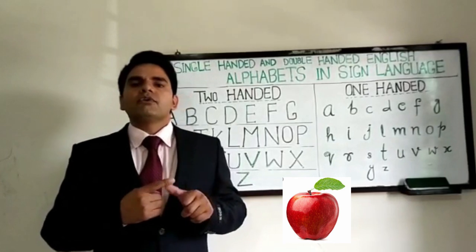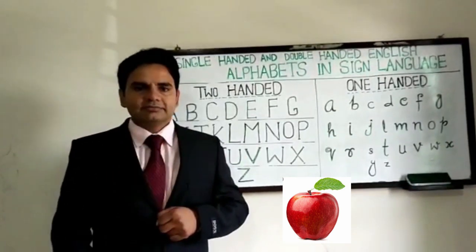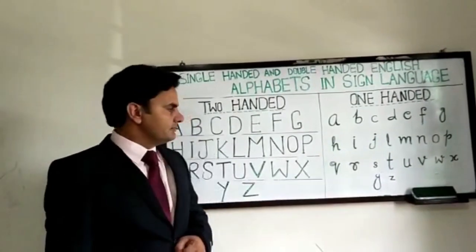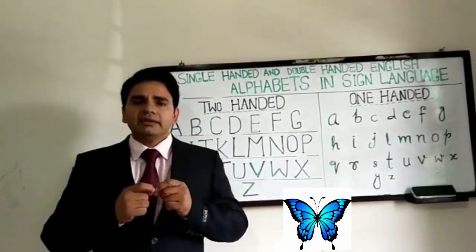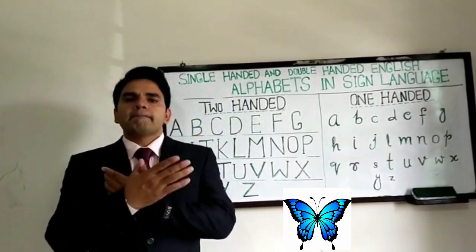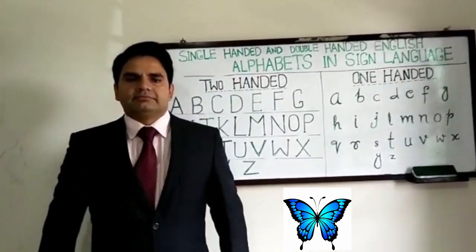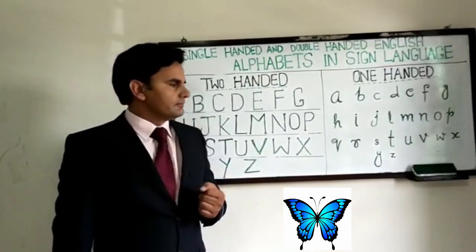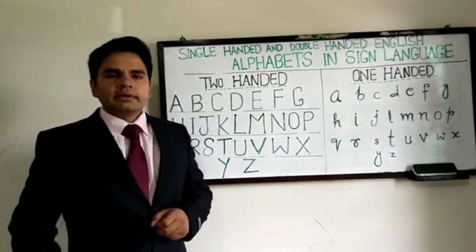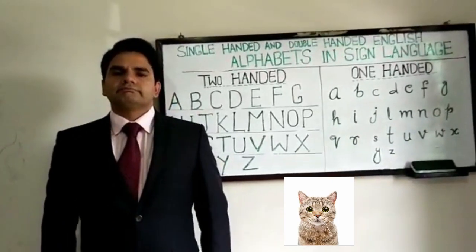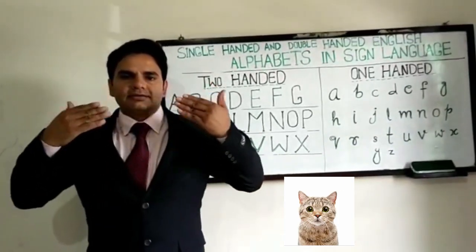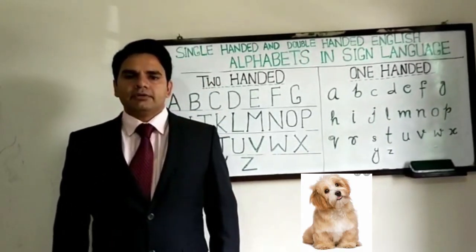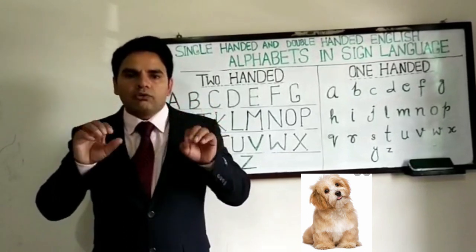A for apple. B for butterfly. C for cat. D for dog.